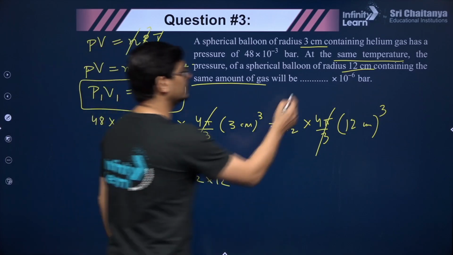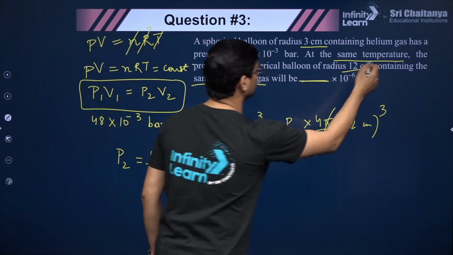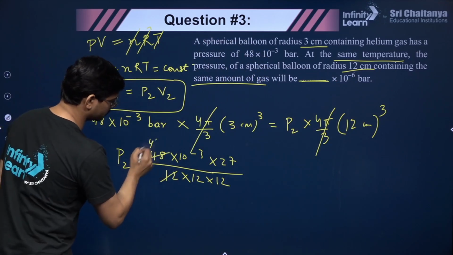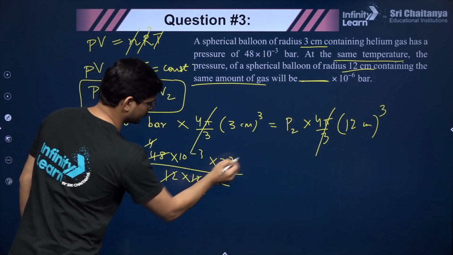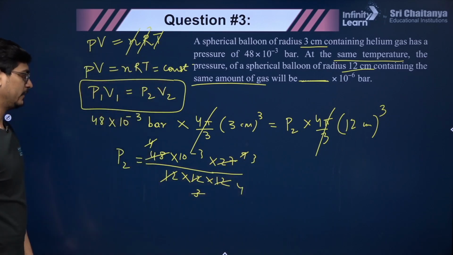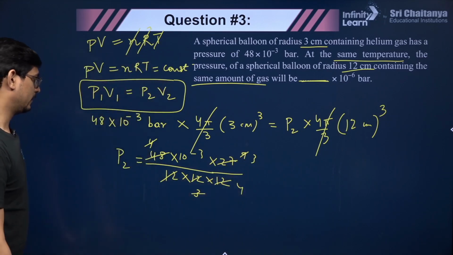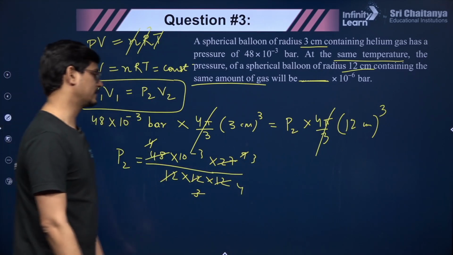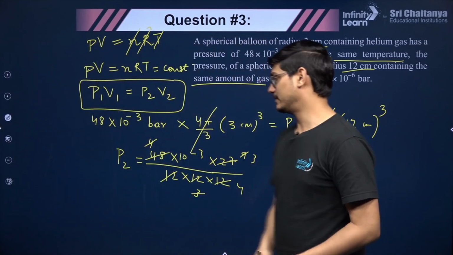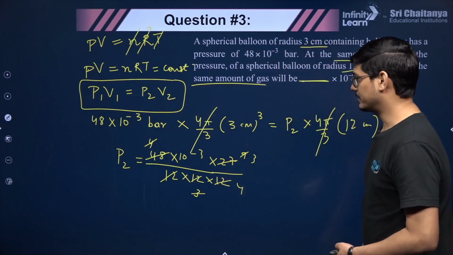Remember, the answer will be some number into 10 raised to the power minus 6 bar. So it will be 3 by 4, that is 0.75 into 10 to the minus 3, or 750 into 10 raised to the power minus 6 bar. So you can calculate the answer from here.